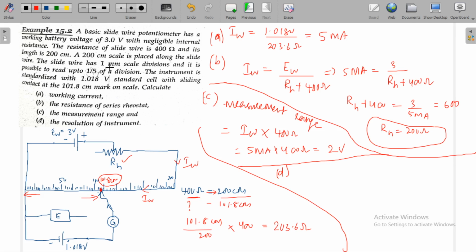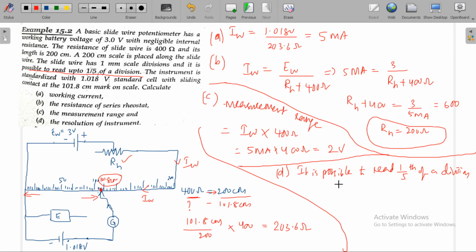The slide wire has 1 mm scale divisions, and it is possible to read up to 1 by 5th of a division.